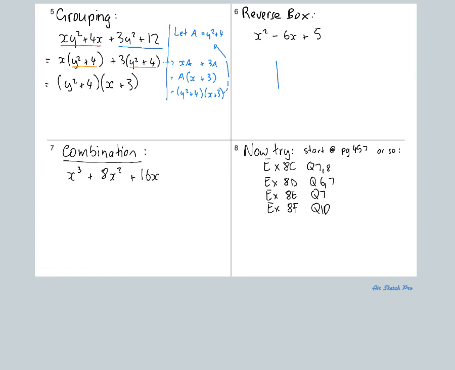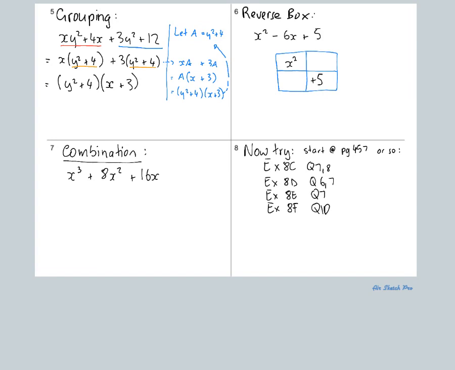So here's my box. And I can fill in some stuff. For example, I know the top left-hand corner is just x squared. And the bottom corner is plus 5 to be precise, just making sure I've got the operation in there as well. Is that okay so far?